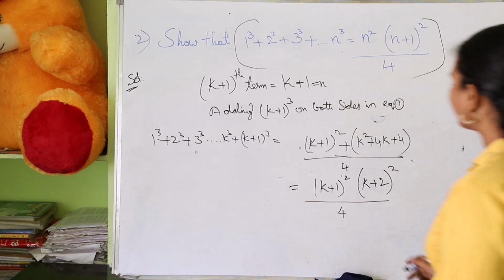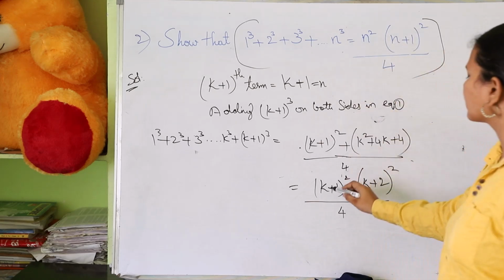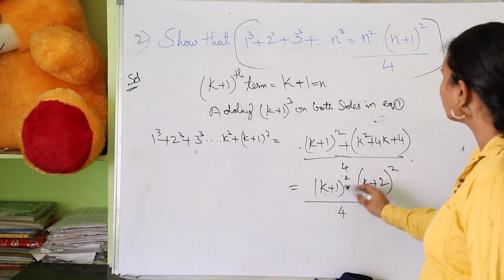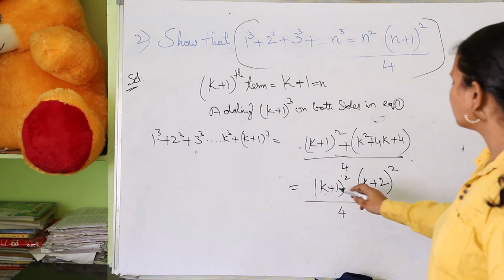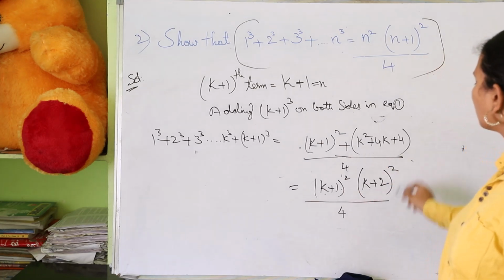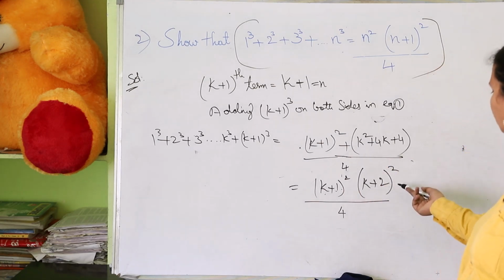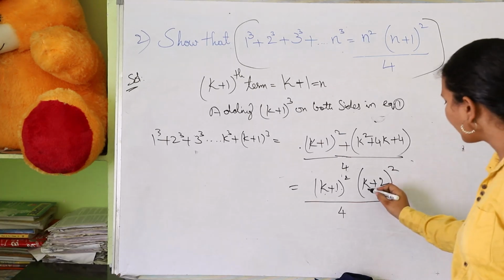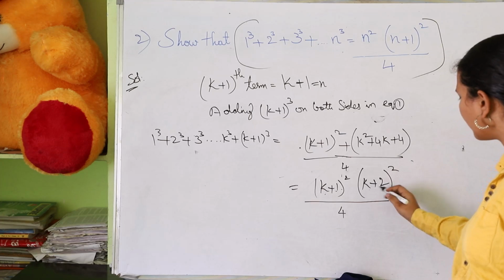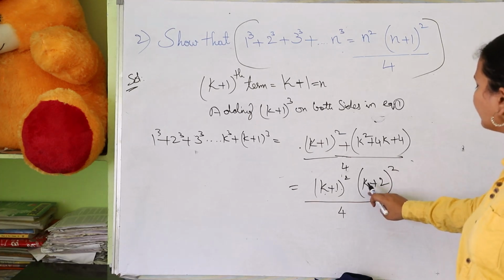So here the n value is k plus 1, so I got n square, k plus 1 whole square. Are you getting it? Here you have k plus 2 whole square. So here you have k, here you have plus 2. That's all, I got k plus 2. But I need k plus 1.